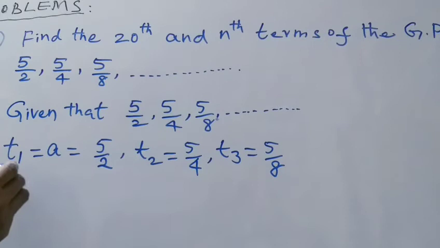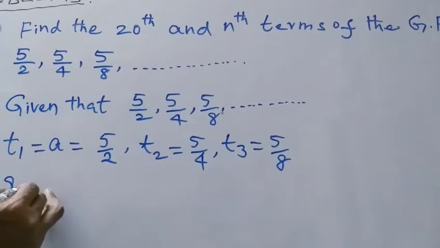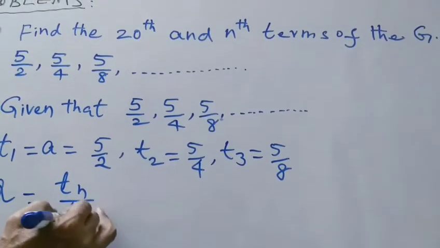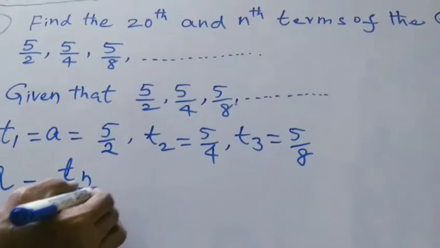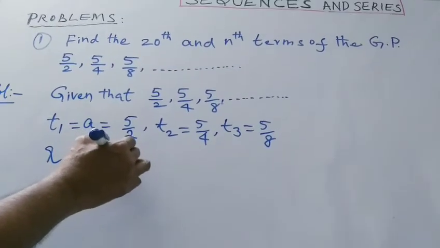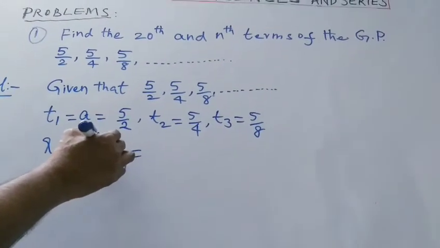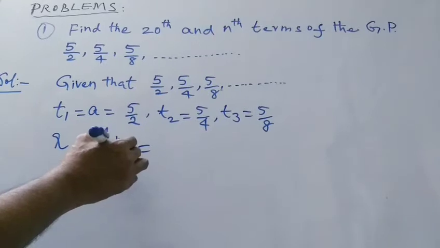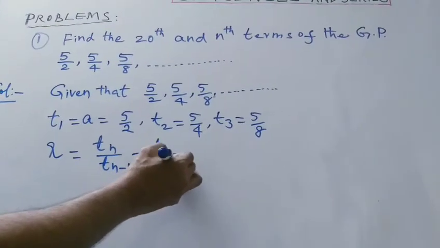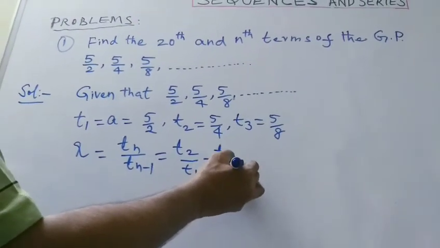The common ratio R is equal to Tn by Tn minus 1. When n is equal to 2, it becomes T2 in the numerator and T1 in the denominator, so T2 by T1, and similarly T3 by T2.